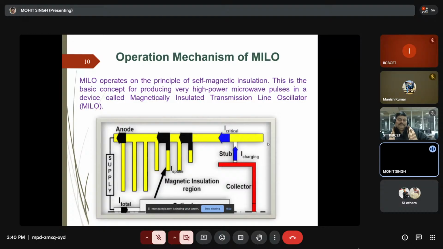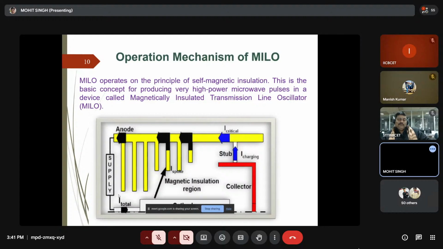Now, whenever this supply, here you can say there is a supply in between anode and cathode, whenever a high voltage, high potential difference is created between anode and cathode, means we have to supply in kilovolt to megavolt also, then the large electric field generated will create the plasma at the layer of the cathode.